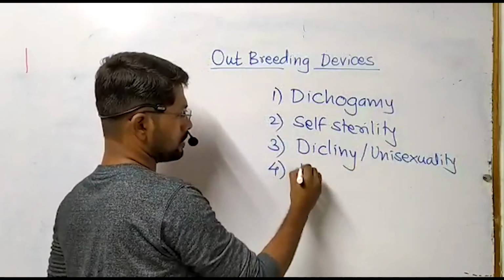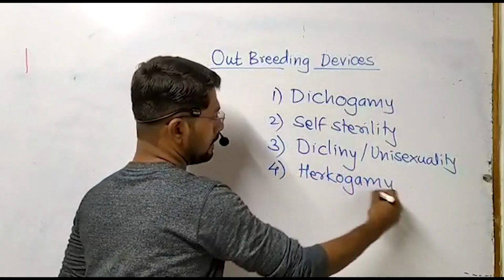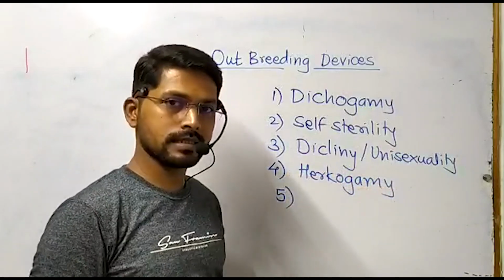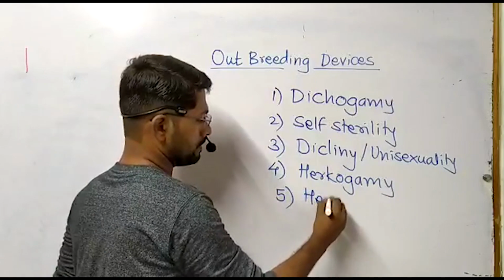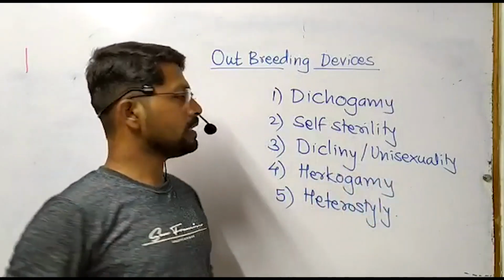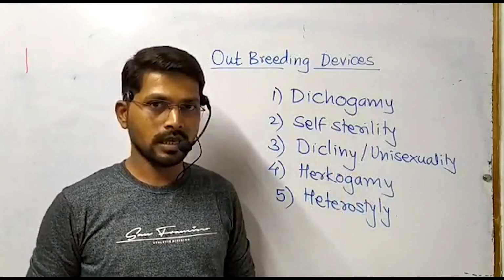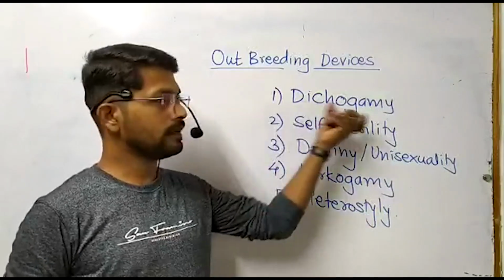The fourth one is called hercogamy. And the last one today we are going to discuss is heterostyly. So these are the different outbreeding devices, and let us see the first one, which is dichogamy.